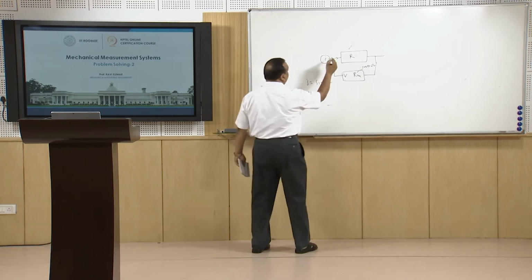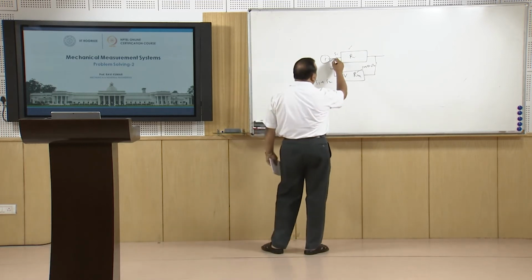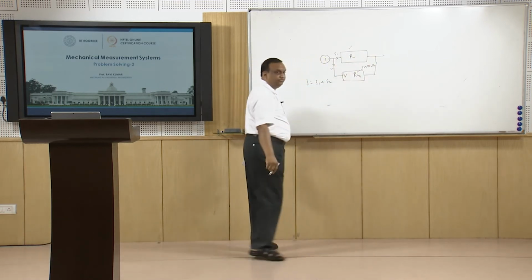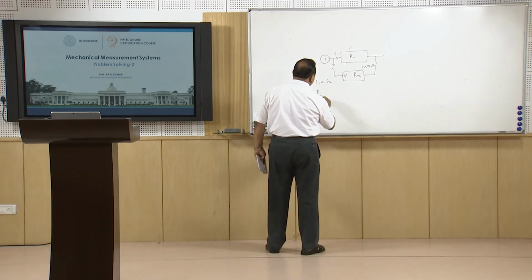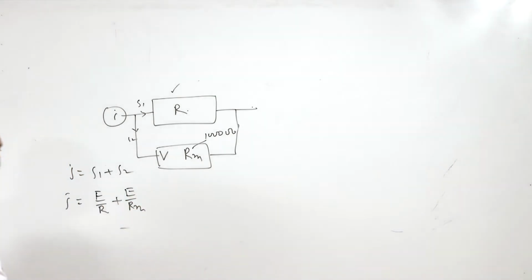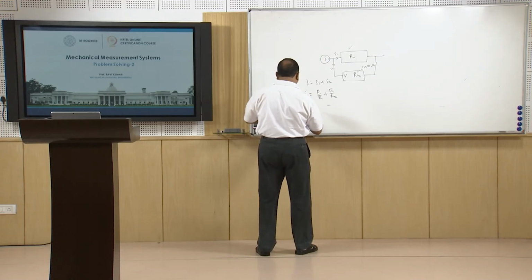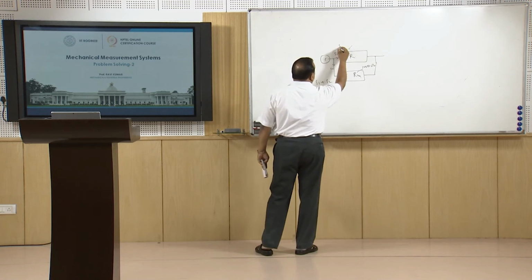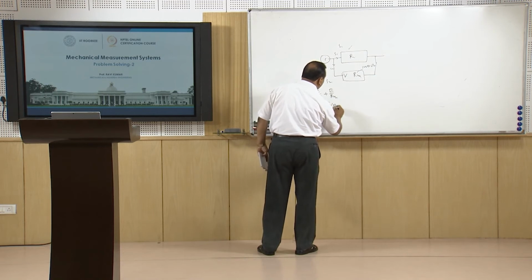This is the total current I, this is I1 and this is I2, and the potential difference between these two is E. So I is equal to E by R plus E by Rm, because they are connected in parallel, so E will remain common. Or we can say that the current here, I1 or E by R, is I1 is equal to I minus E by Rm.